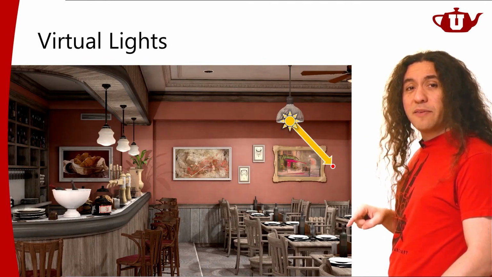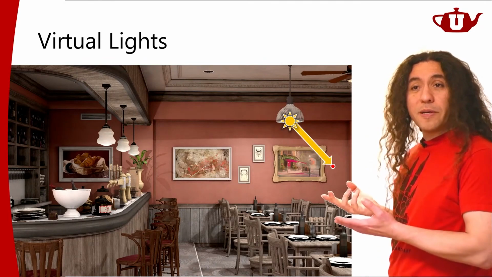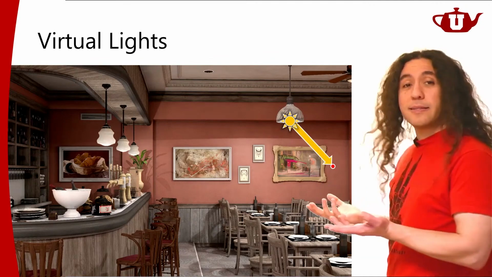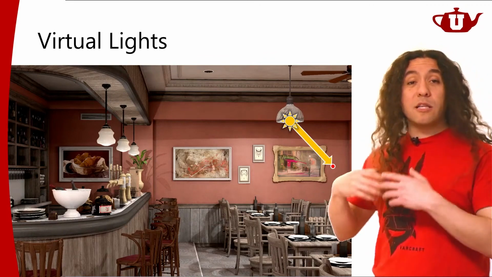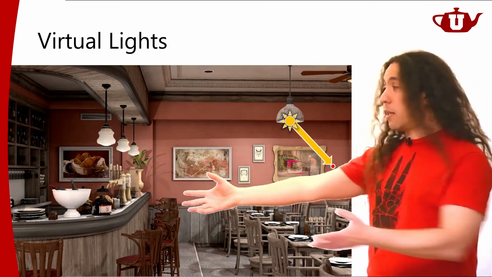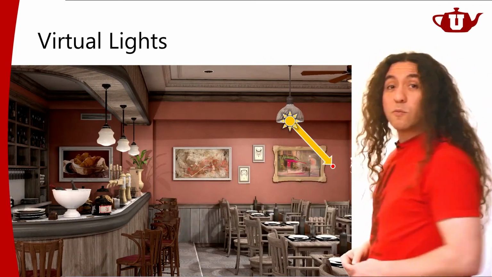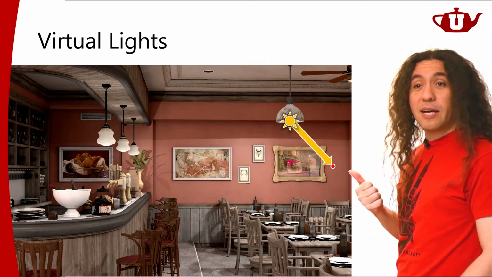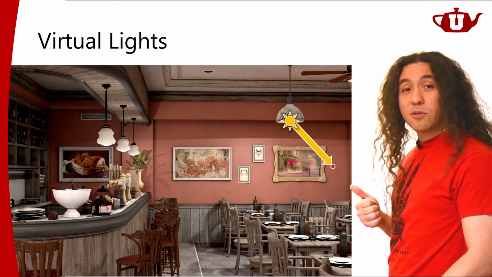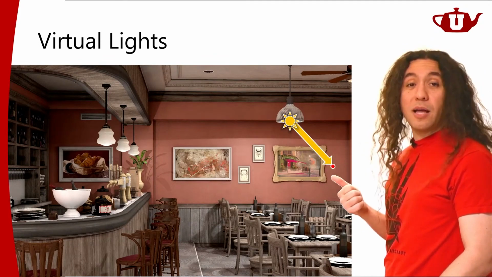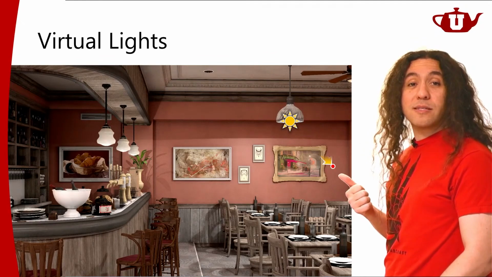So if it is receiving some light, obviously it's going to reflect that light, right? And that reflected light will illuminate everything else in the scene. So this point, when it receives light from the light source, acts very much like a light source itself.